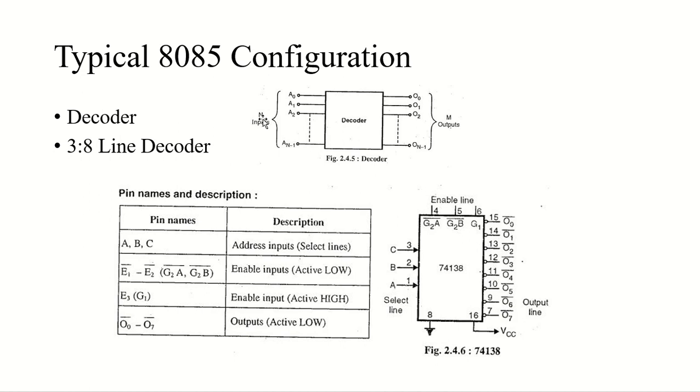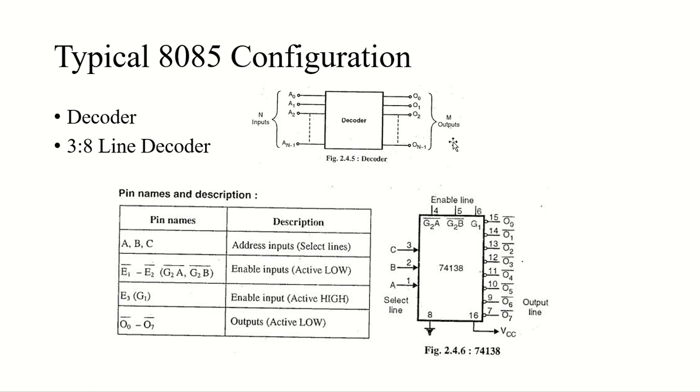So the number of input lines is n, the output lines is m. As you can see, n is the input, m is the output. For a decoder, n can be any integer and m is an integer that is less than or equal to 2 raised to n, right?